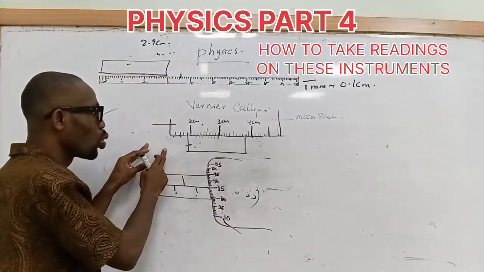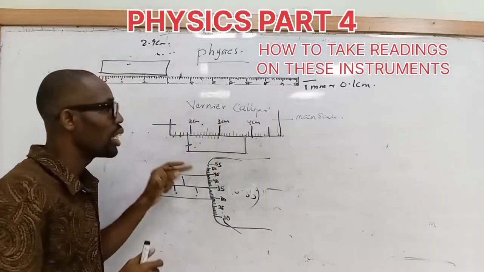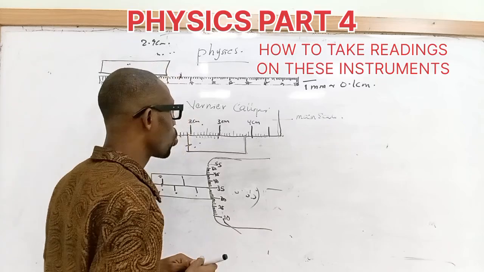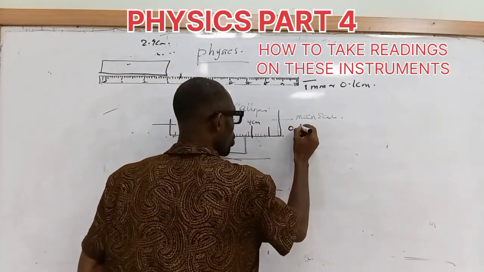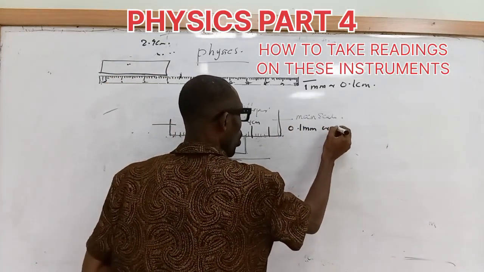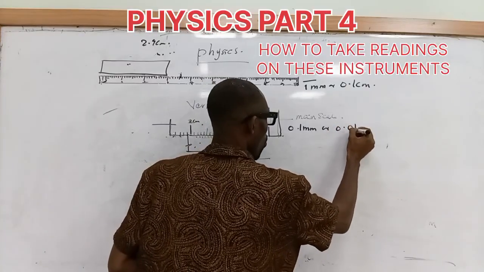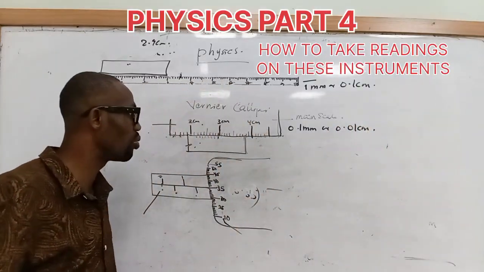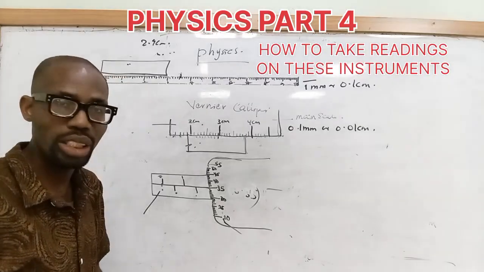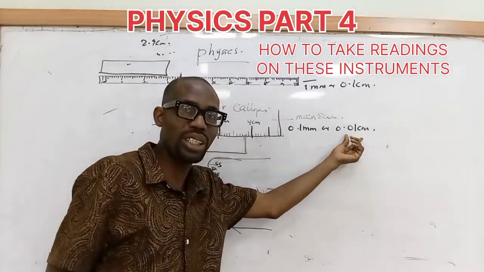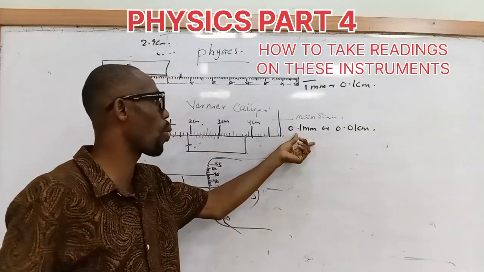Now let's move to the vernier caliper. The smallest division of graduation of the vernier caliper is what? 0.1 millimeter or 0.01 centimeter. Are you with me? The smallest division of the vernier caliper is 0.01 centimeter or 0.1 millimeter.